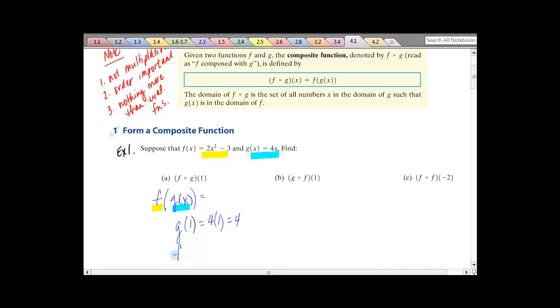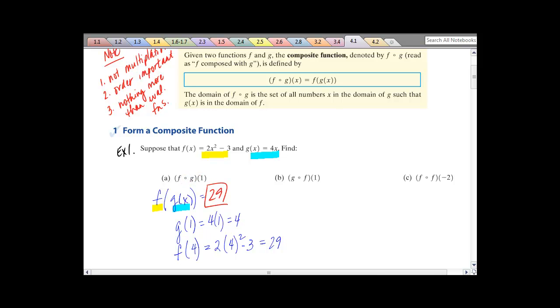So I'm going to evaluate f at 4. Here f would be 2 times 4 squared minus 3. So that would be 16 times 2 minus 3, which gives me 29. So my answer is 29 for f composed with g at 1.